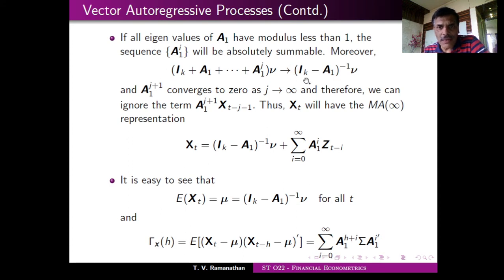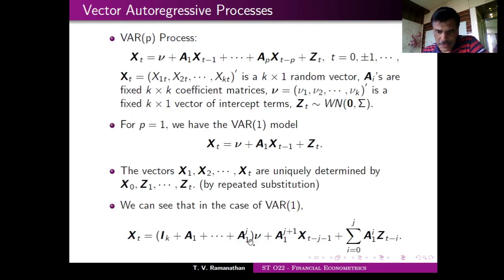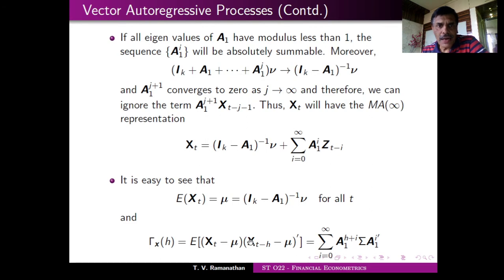Moreover, this actually converges to (I_k minus a1) to the power of minus 1, where I_k stands for the k by k identity matrix, times nu. Nu is here. You will get this term. I don't have the digital writer today, so I'm unable to write them, but I think you can verify.